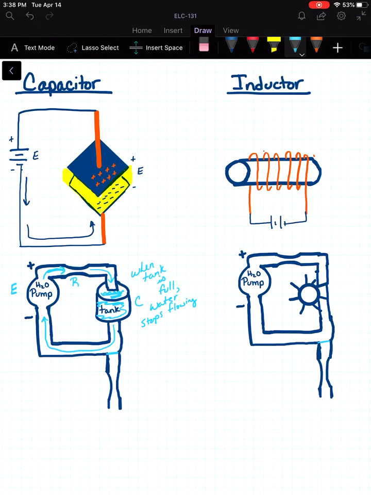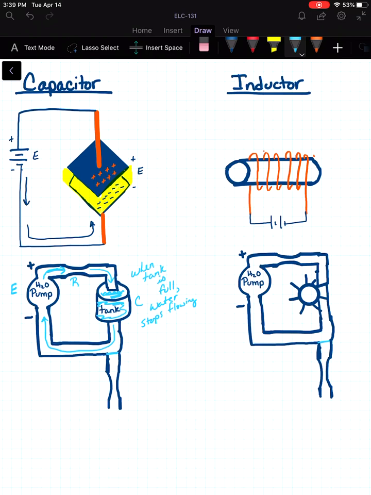Basically in steady state, once that capacitor is full, it's stored all the charge that it can store. In the bottom circuit, it's storing water. Once it holds as much water as it can hold from that circuit, the flow of the water stops, and it just sits there. That's what we call steady state. It'll stay that way for a good bit of time.